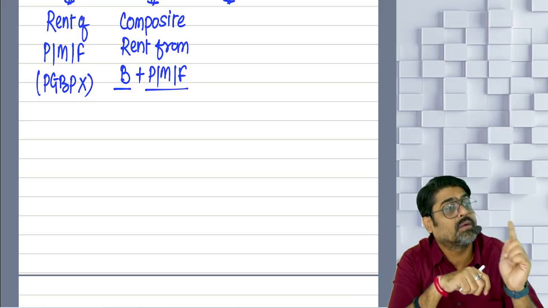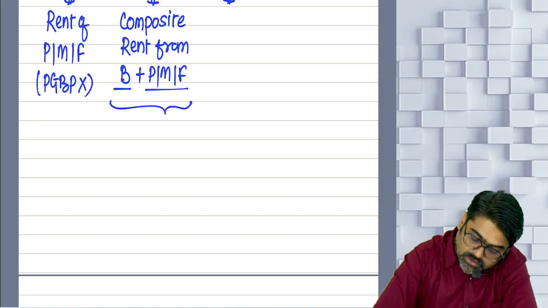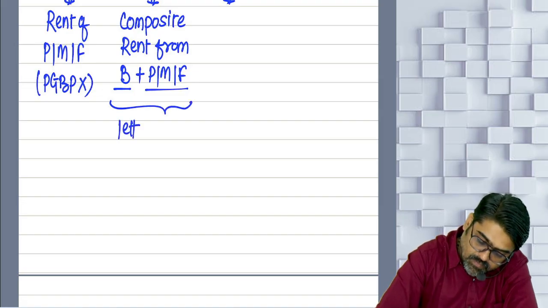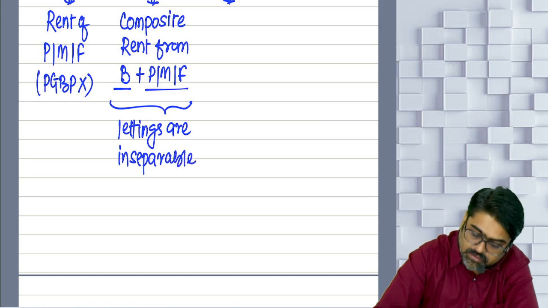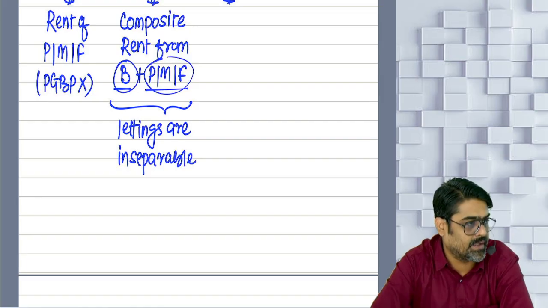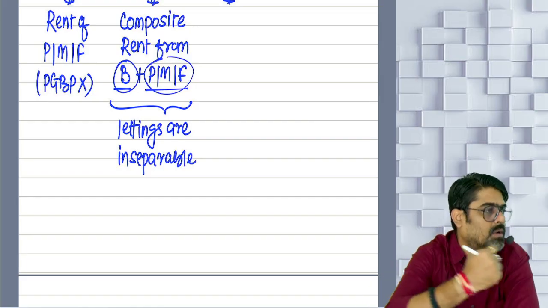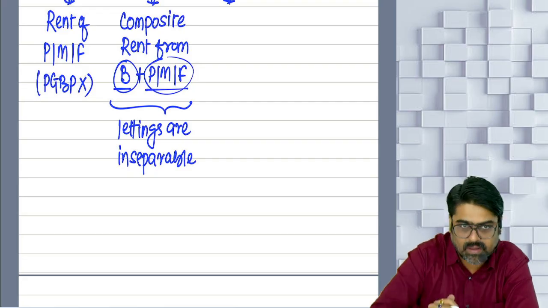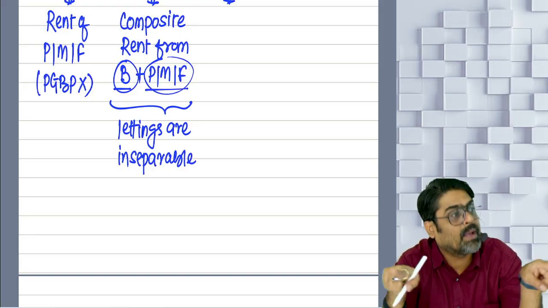But both the lettings have to be inseparable. Inseparable means both the assets cannot be given separately on rent. If one asset goes on rent, the other will automatically go on rent. So letting of one asset depends on letting of the other. Both the lettings cannot happen separately.